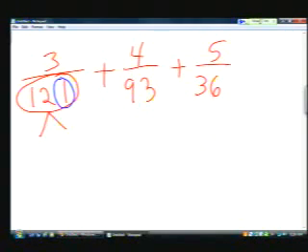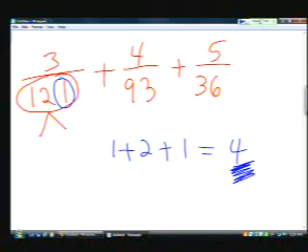But here's the technique. If you add up the digits, 1 plus 2 plus 1, if that number is divisible by 3, then you know 121 is divisible by 3. Well, 4 is not divisible by 3, so therefore 121 is not divisible by 3. Okay?